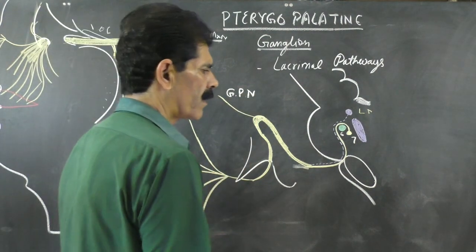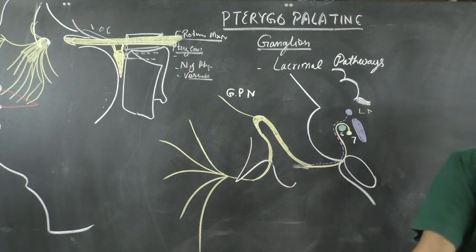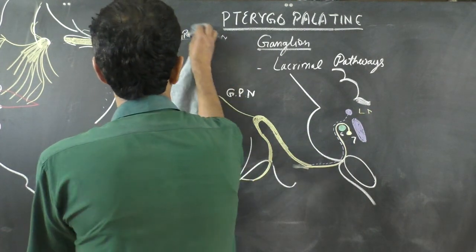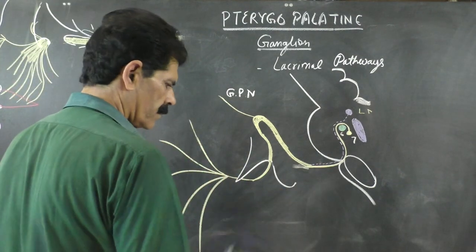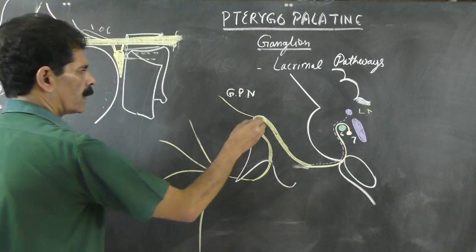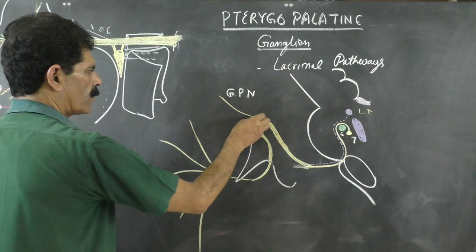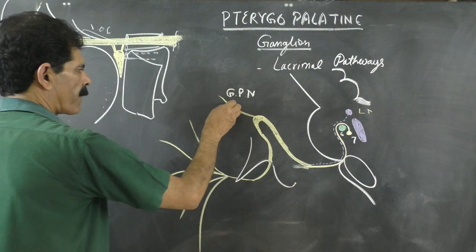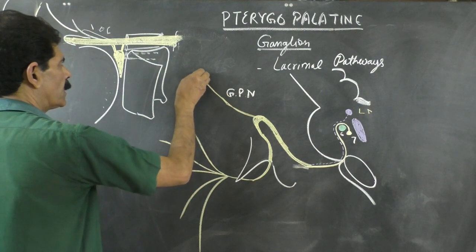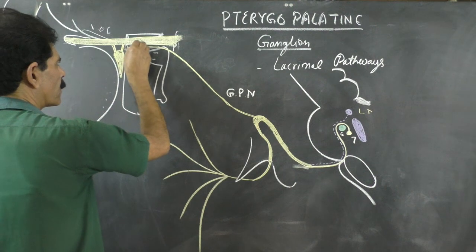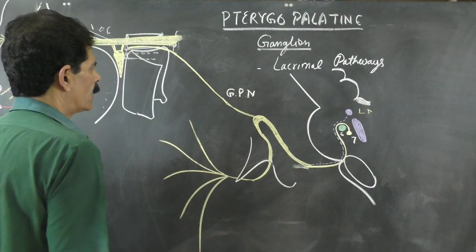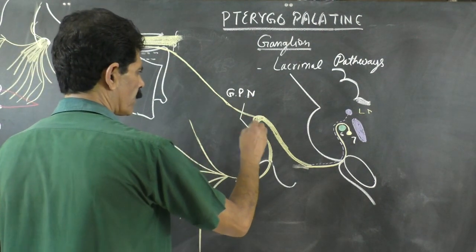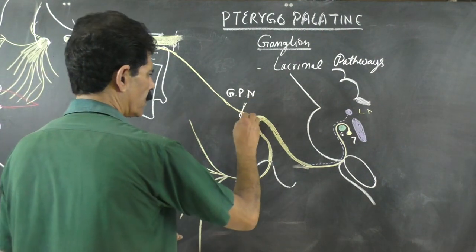And this greater petrosal nerve passes, leaving the petrous part of the temporal bone and horizontally running in the forward direction, and it enters the pterygoid canal, which is situated just in front of the pterygoid. So it is coming from the roof of the middle ear.